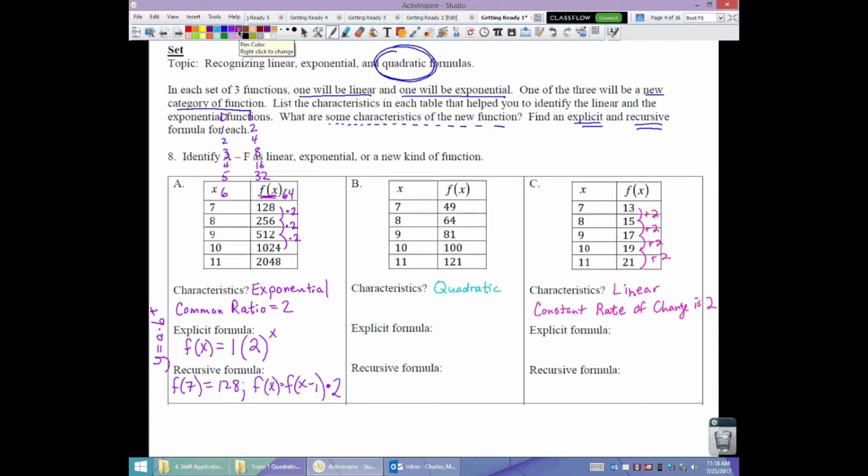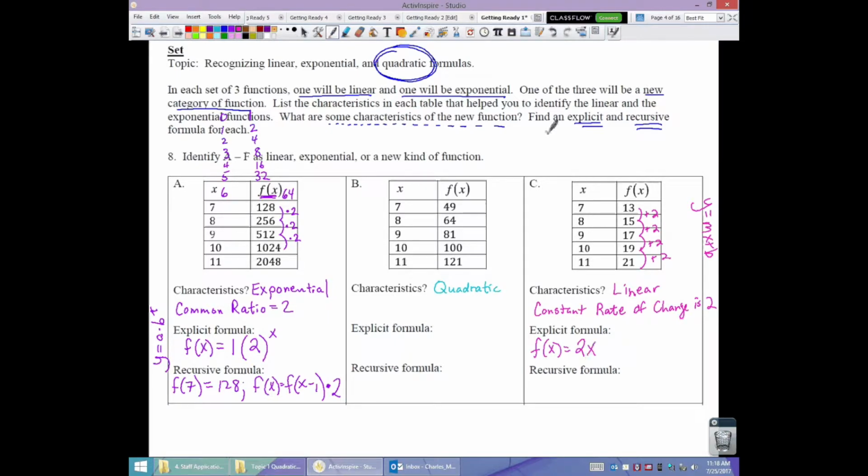For our linear one over here at C, in this one, our explicit formula will take the form y equals mx plus b. So f of x equals constant rate of change, 2, times x. Now for that 0th term, I can do something similar to what I did in part A there with the exponential. I can just subtract 2, subtract 2, subtract 2 until I get to the 0th term. But we actually had another method for this.